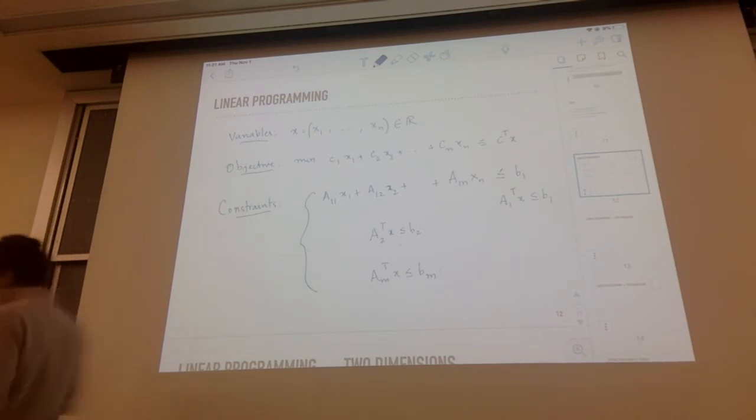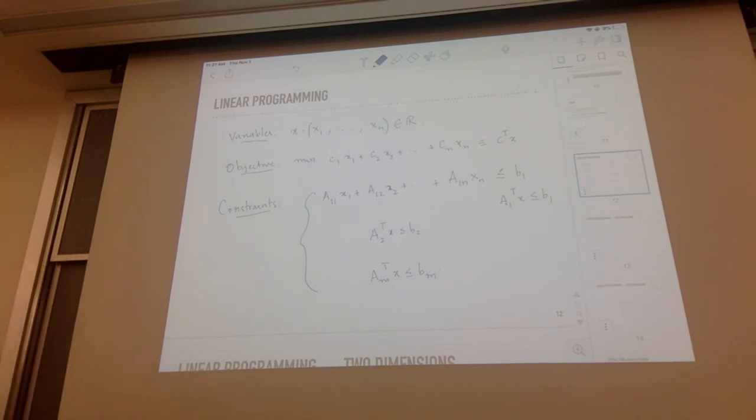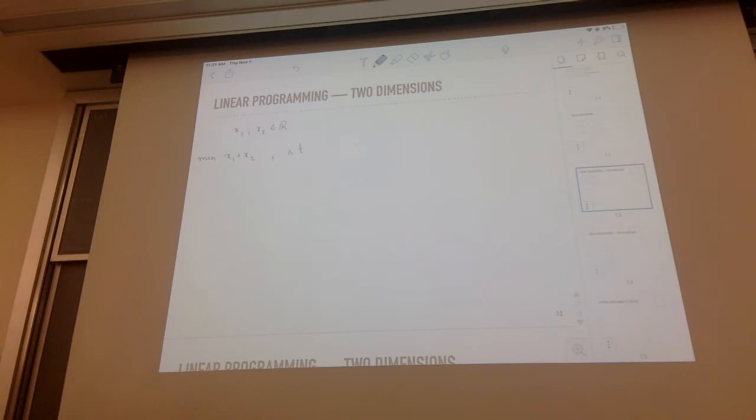So let's just illustrate using 2 dimensions. Let's take a very basic linear program. You have variables x1 and x2 over the real numbers, and you want to minimize, let's say, x1 plus x2 subject to the constraints. Here st means subject to.